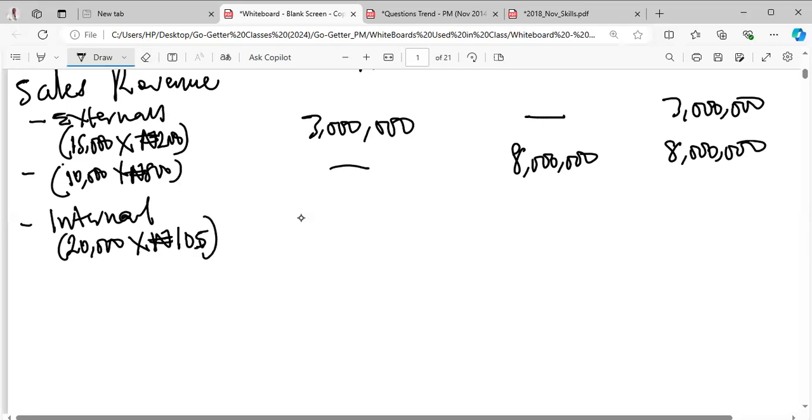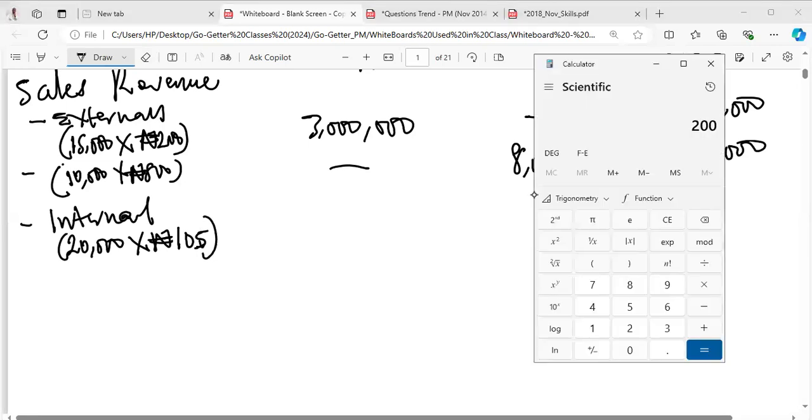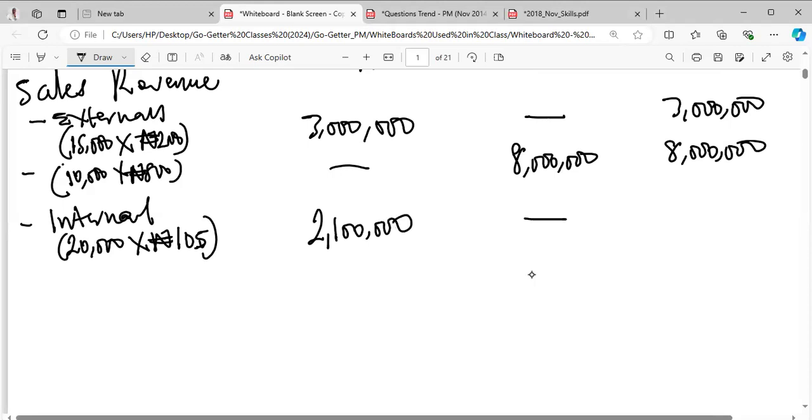So this is the very least it can sell. 20,000 times 105 will give me 2.1 million. So it's not going to affect the group. So that's your sales revenue.